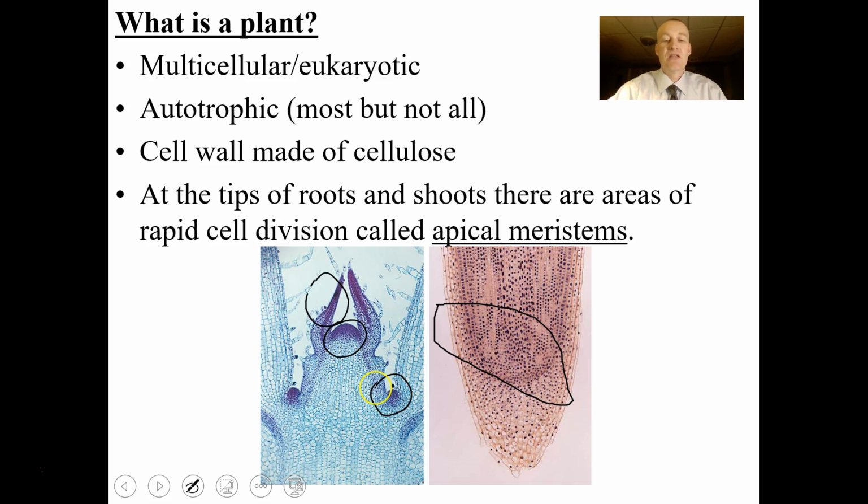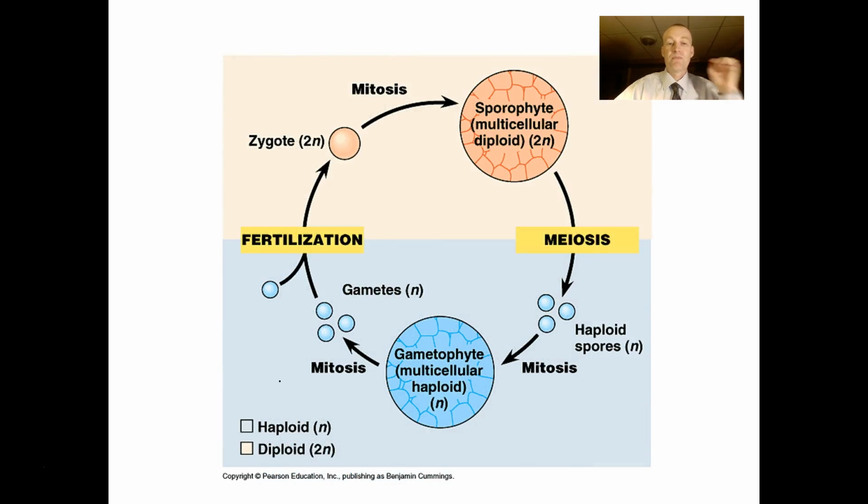Here in this axillary area, this would be a mature leaf over here. But if that leaf is picked, that little bud right there will undergo rapid cell division and produce a new leaf. So the areas at the tips of a plant and at the roots of a plant have these areas of rapid cell division called apical meristems.